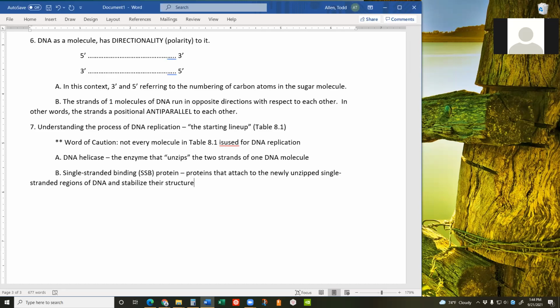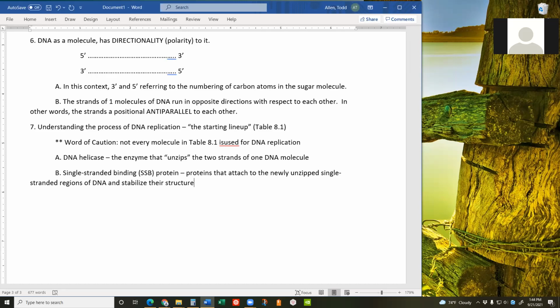So what I'm saying to you is, if you unzip DNA and have 2 strands of DNA that are kind of flopping around like limp noodles, if you don't do something to stabilize them, they will actually fold on top of themselves or even rezip together, rejoin, and block the DNA replication process.